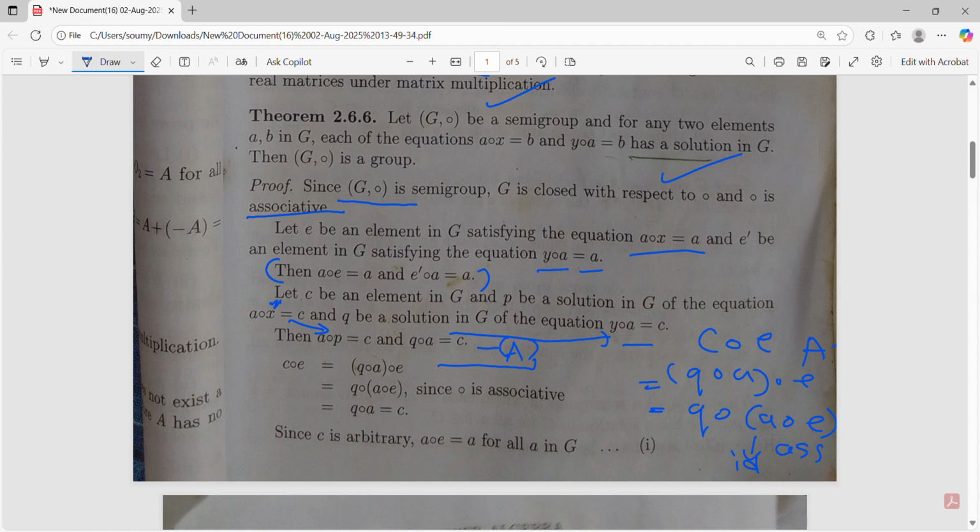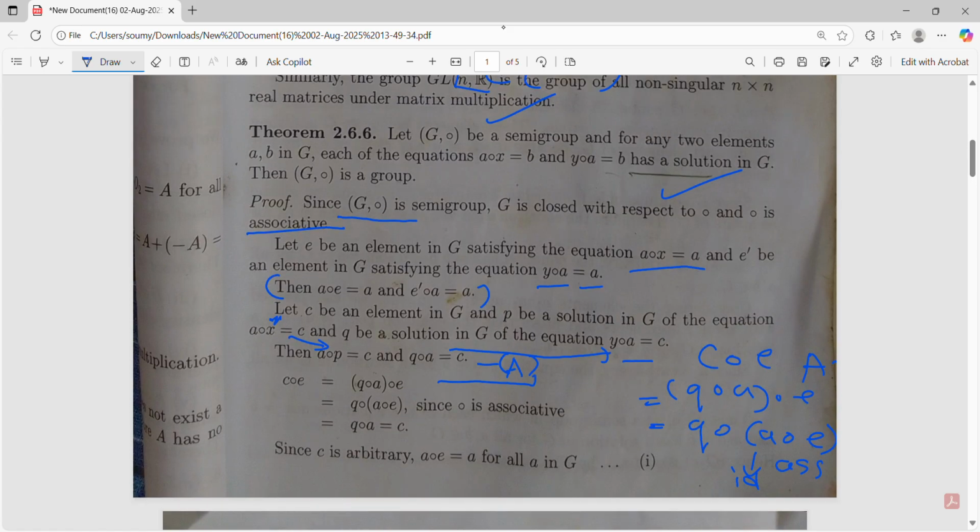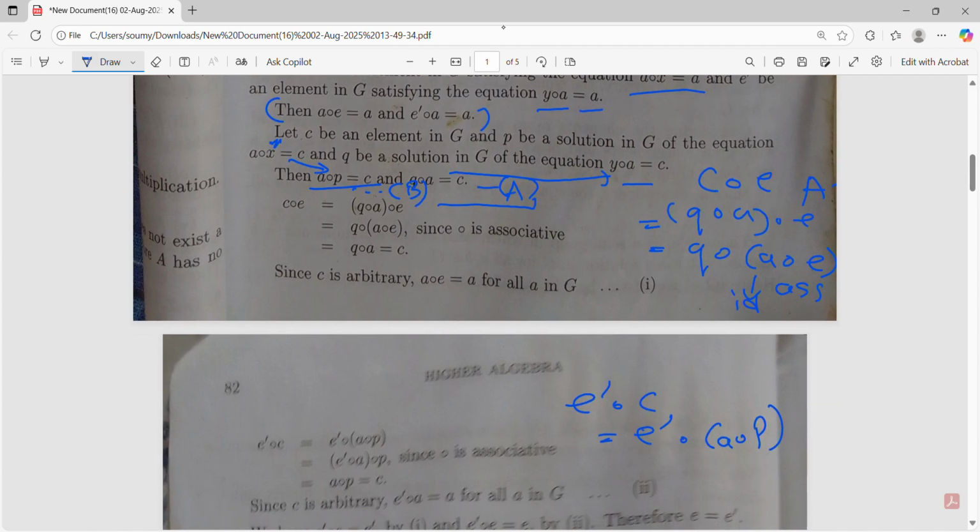Since E is arbitrary, C is arbitrary, and A compose E is A for all A belonging to G, from here we can say E dash compose C equals E compose A compose P, because E compose P equals C. Say this is equation B, and we are taking this as equation 1.